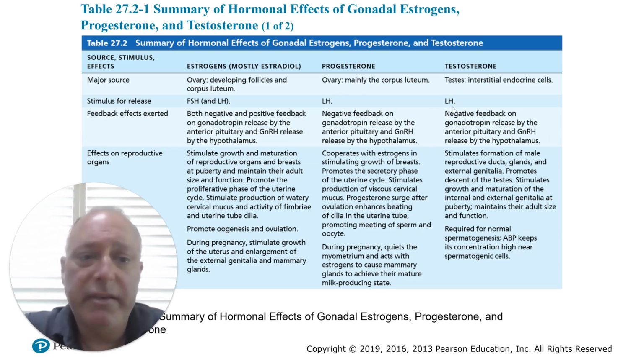LH is what causes testosterone to be produced. And we looked at androgen binding protein, which keeps the concentration of testosterone high and keeps the testosterone near the spermatogenic cells.